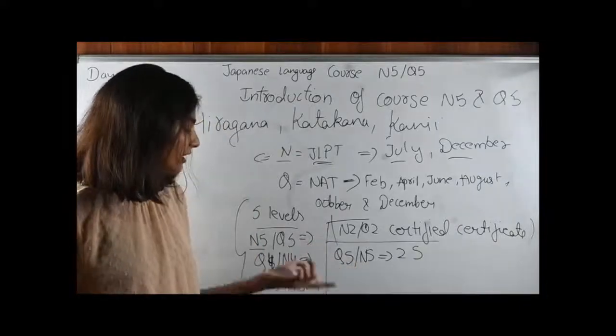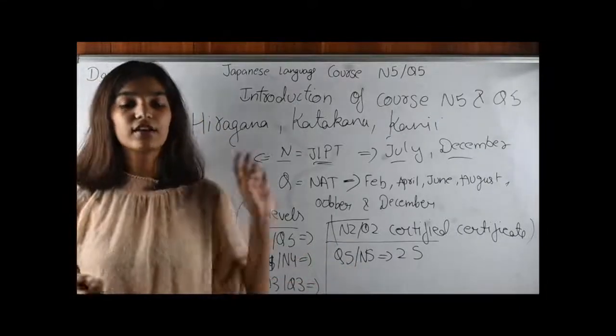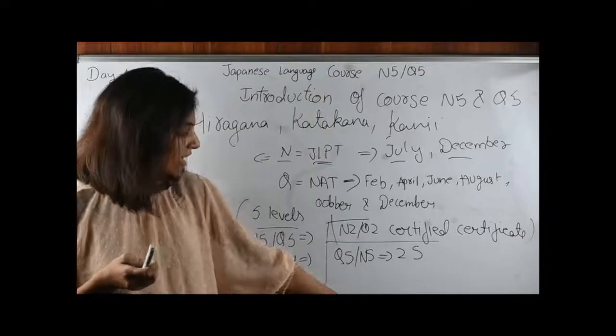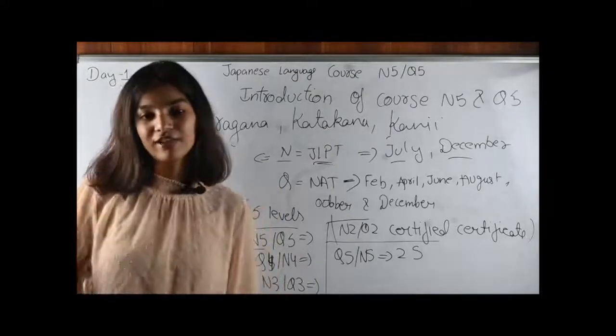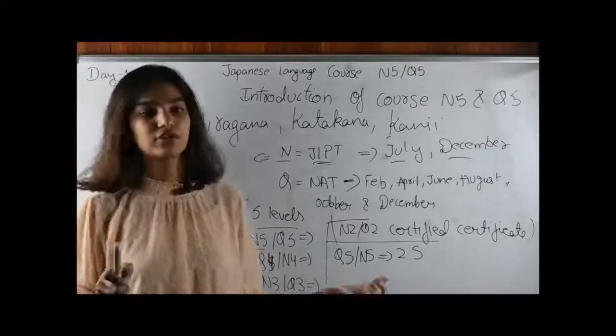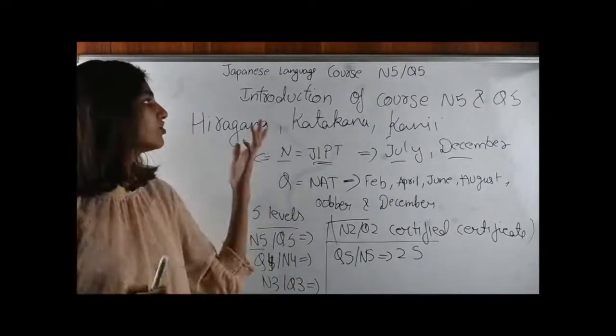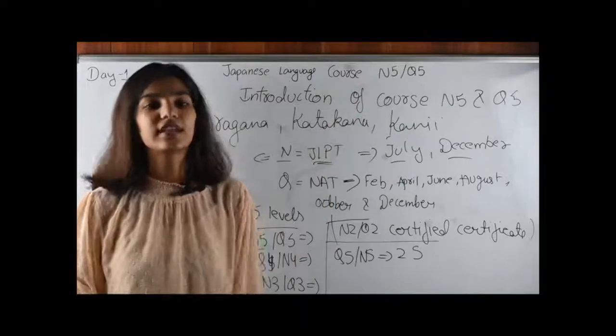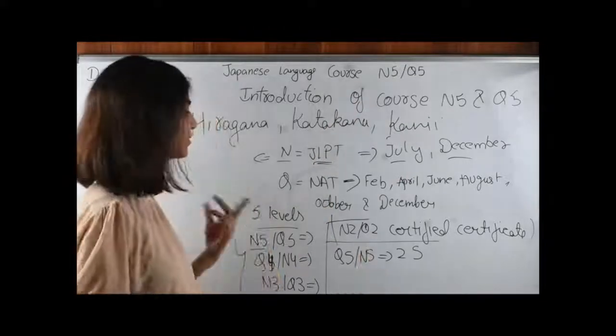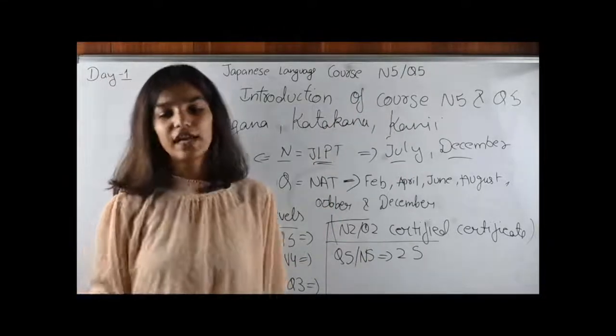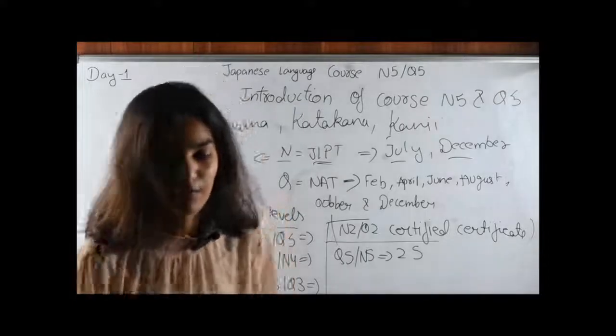Okay, so these are the steps to clear N5, and there are 25 lessons. And then for N4, you need 50 chapters. So this is just for introduction, of course. N5 and Q5, the difference between them. If you wanna write, you can have a look till that.